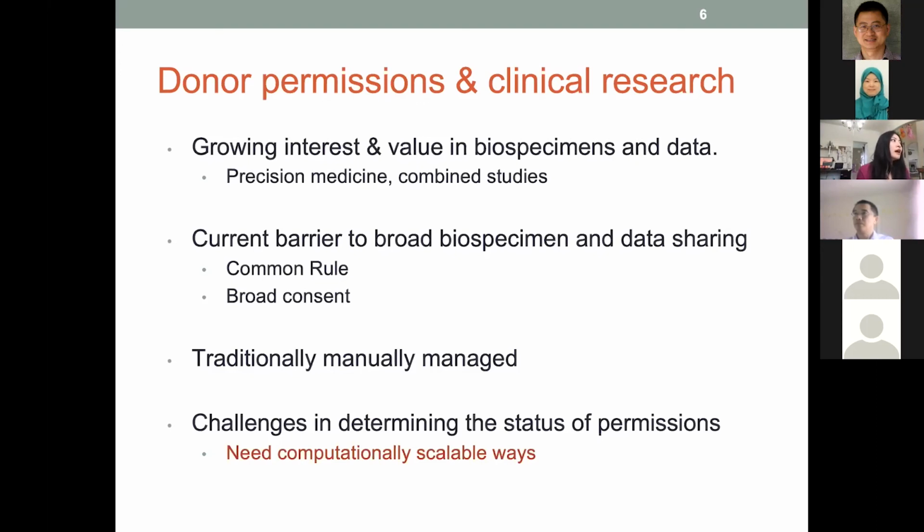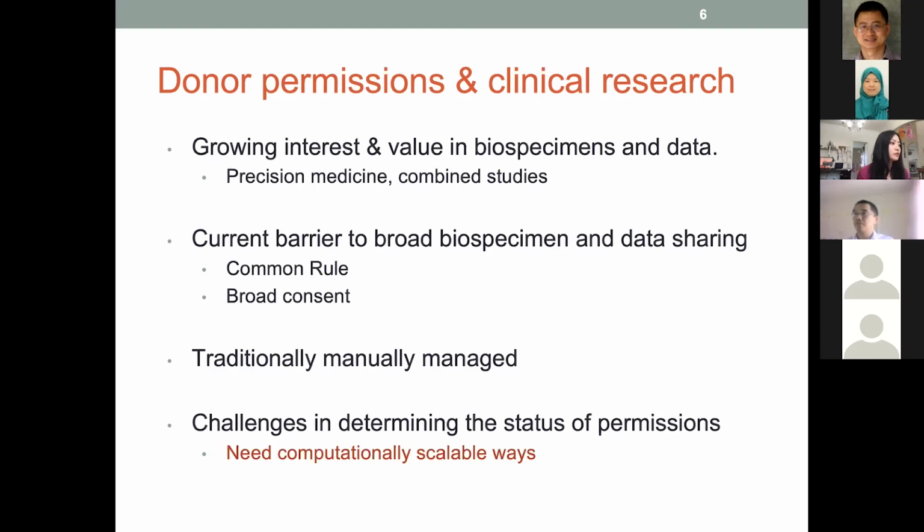And traditionally, biospecimen and data use and sharing depends on the use of paper-based forms for capturing participant consents, which are then manually entered into a spreadsheet or database managed by the biorepository.